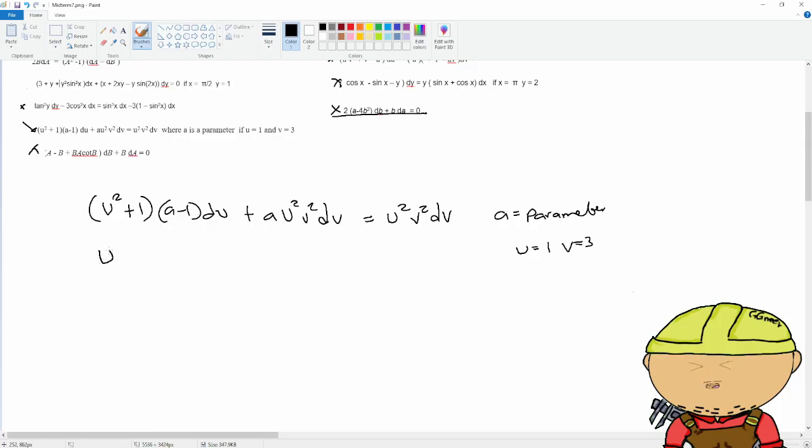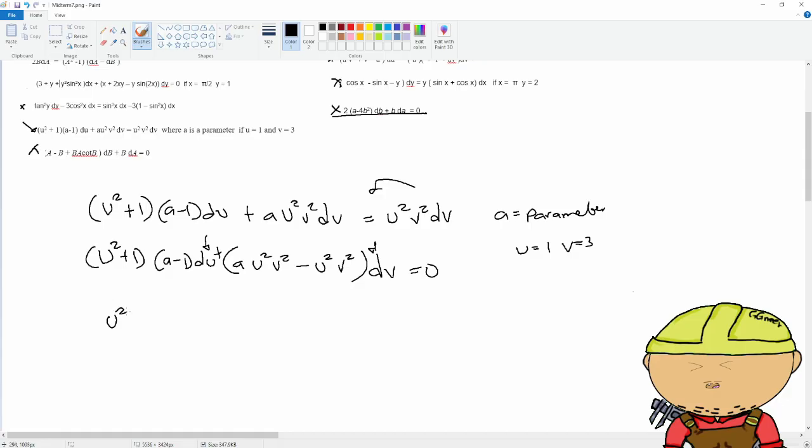So u squared plus 1 times a minus 1 du. I'm going to transpose the dv term to the opposite side, so this becomes u squared v squared dv minus u squared v squared dv. This is du, this is dv.